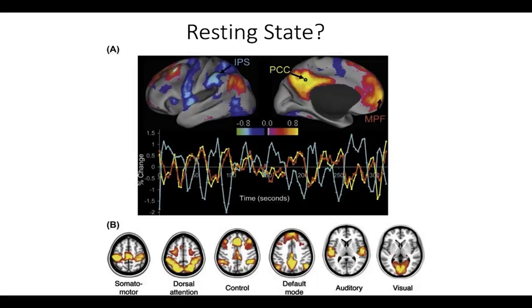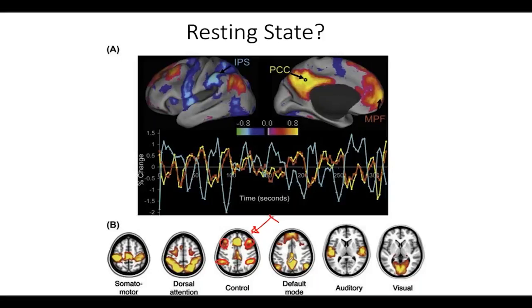With using resting state fMRI, people realize that there are areas that are connected to each other, areas like what we call the executive control network, these areas in the dorsolateral prefrontal cortex, areas in temporal, areas in parietal cortex.